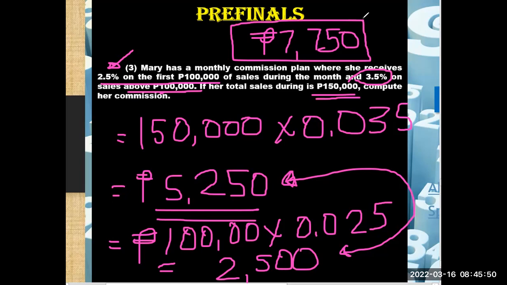So since naka-reach siya ng above 100,000, we add the two. So 2.5% multiplied by 100,000 pesos plus 150,000 multiplied by 3.5%, we add the two to get the total commission of the sales person. That is 7,750 pesos.